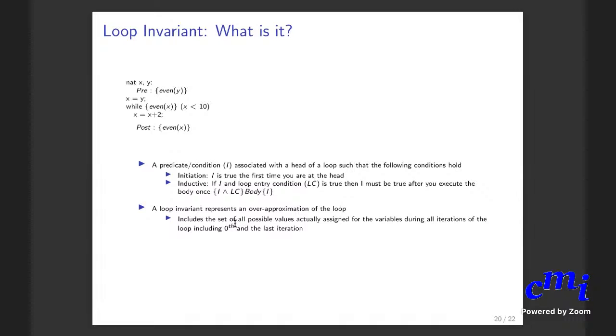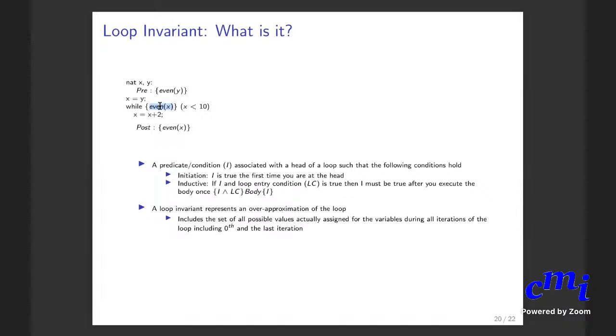So it includes the set of all possible values assigned to the variables during all iterations of the loop, including the zeroth iteration at the beginning, and the last iteration. So for example, take x, that's the loop invariant here.